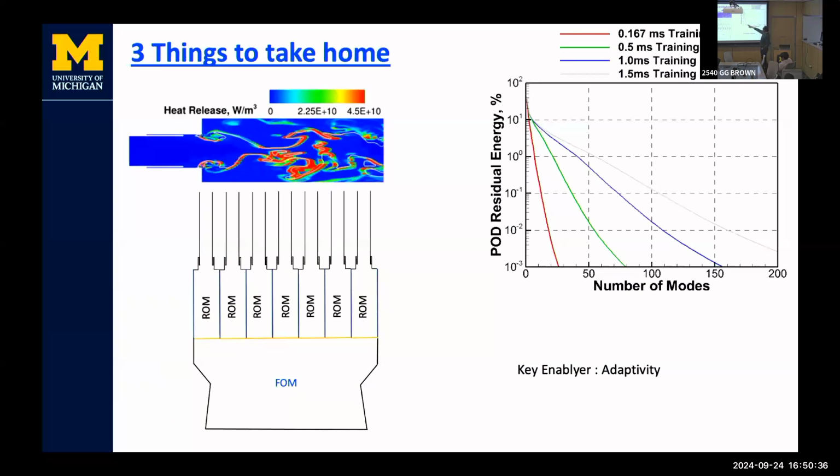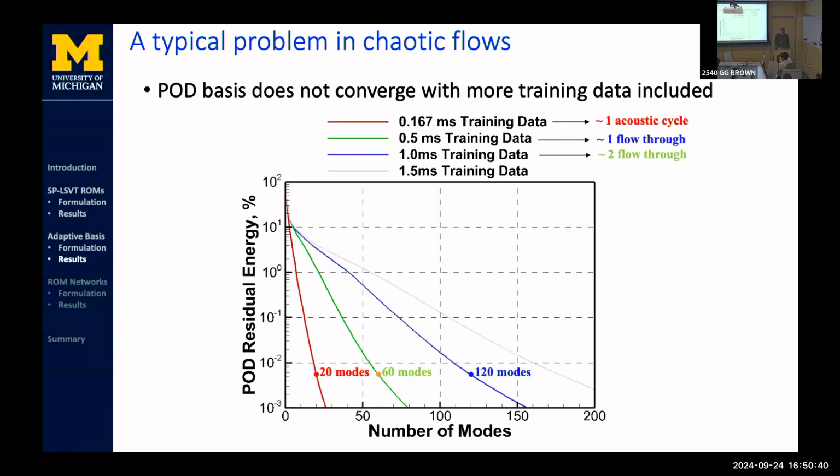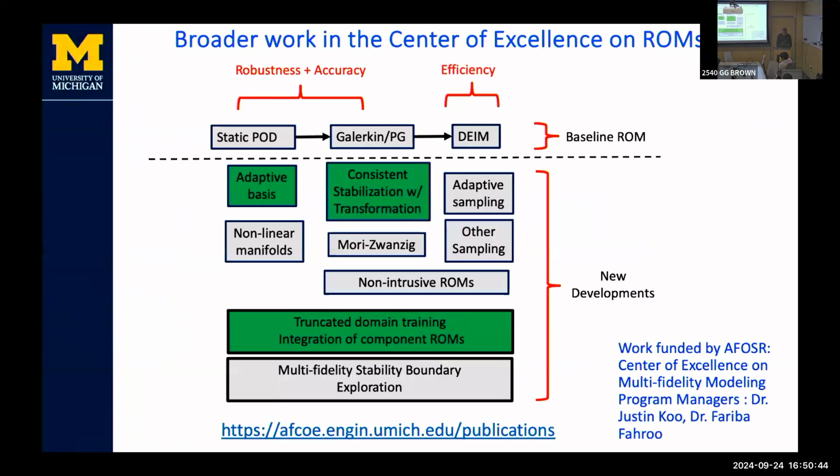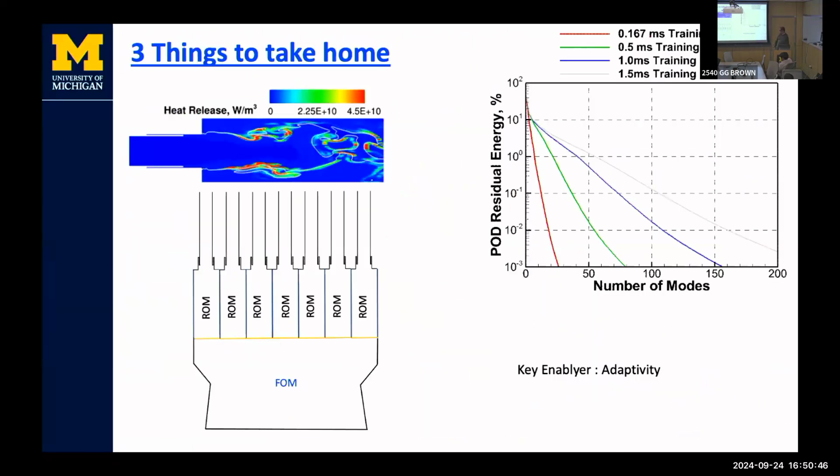So this is just a two-dimensional shear layer, okay? It's a very simple data set that looks like this. And you compute the singular value spectra for some amount of time, you get this kind of decay. If I want 99.9% of energy, I just need about 20 modes. But if I use more data, it picks up more detail, but it never converges, right?